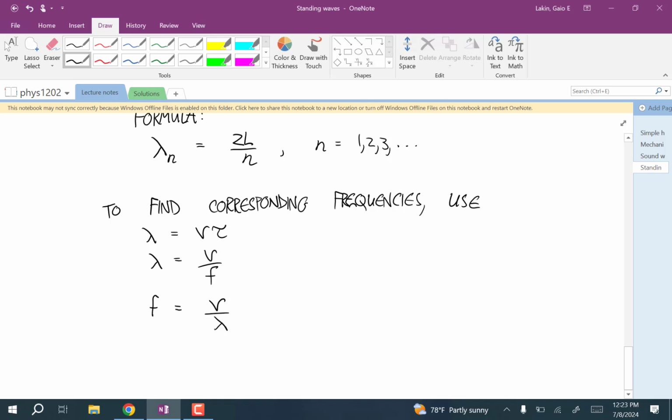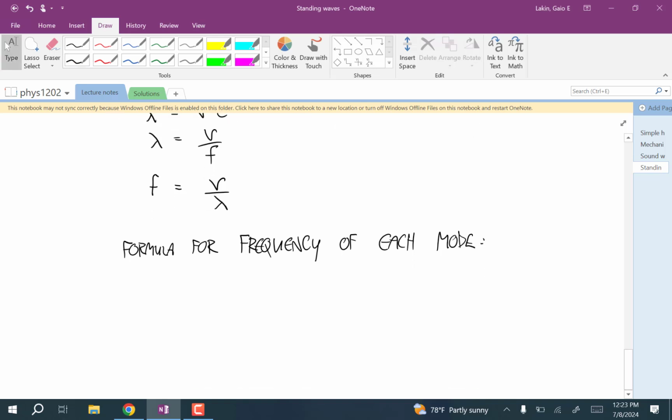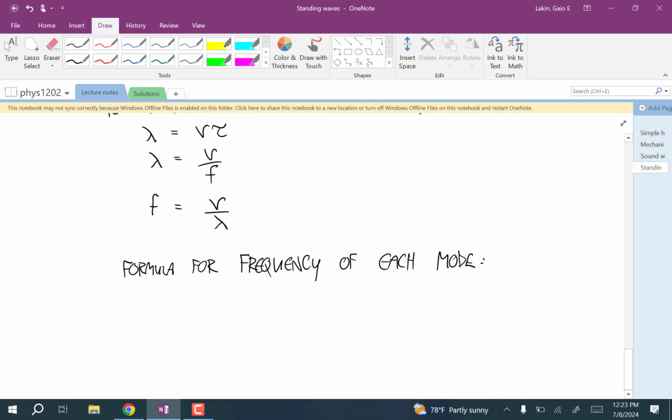Okay, so what's the frequency corresponding to each one of these modes? So the formula for the frequency of each mode: now we have an expression for the wavelength of each mode.